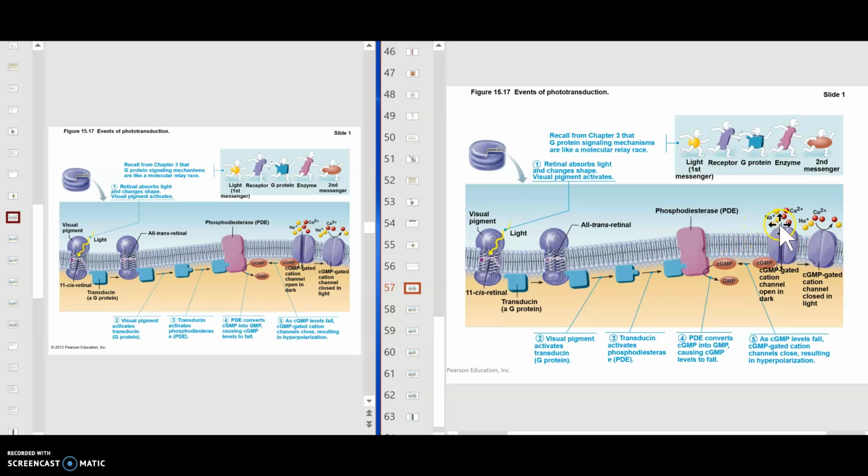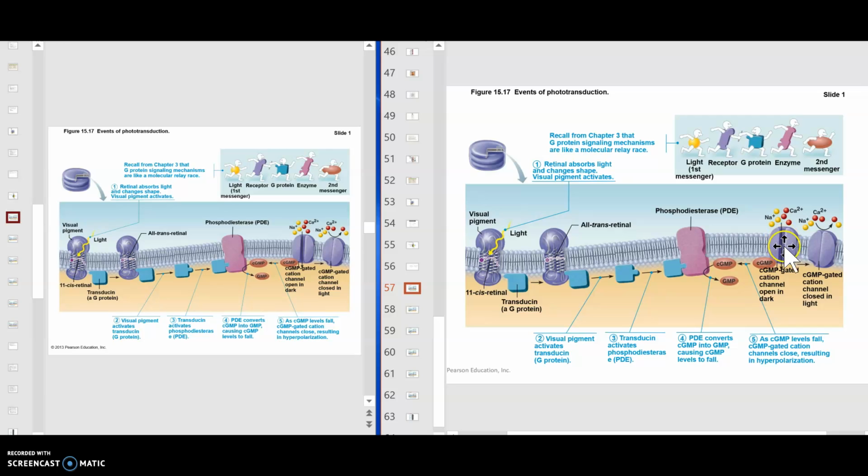The key to this whole thing is to keep this open, and this occurs during darkness. To activate it, though, you have to close the positive ions coming in, and it has to go hyperpolarization.